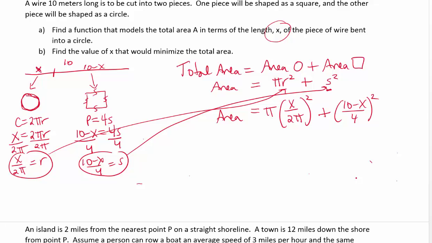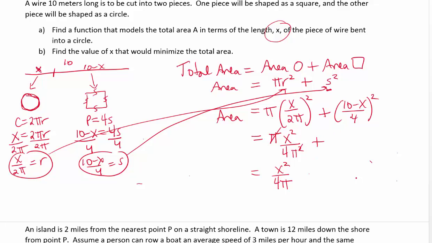There's not a whole lot of simplifying that I can do here, but I will clean this up a little bit. I'm going to go ahead and square this fraction. So if I square the top, that gives me x squared. If I square the bottom, 2 squared becomes 4, pi squared becomes pi squared. And I can cancel out one of those pi's. So this will become x squared over 4 pi.